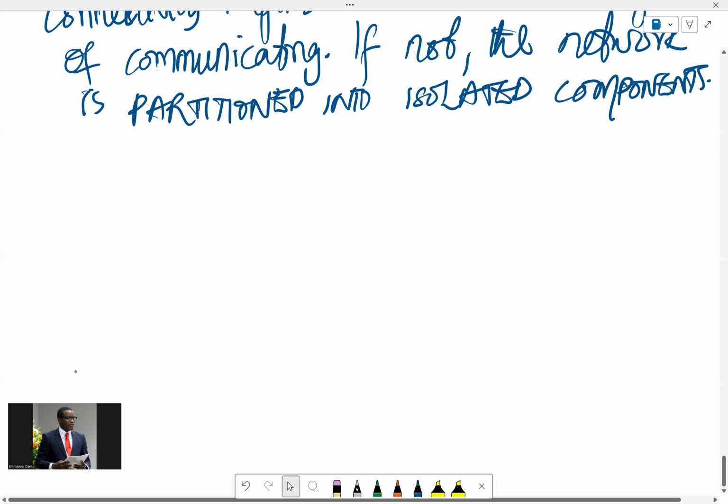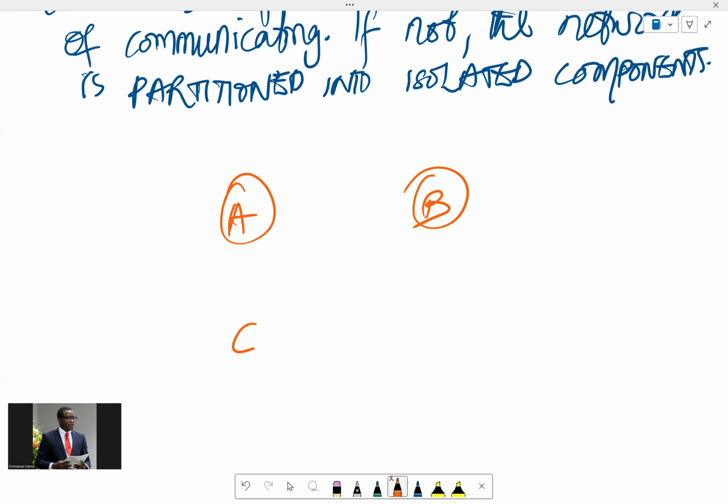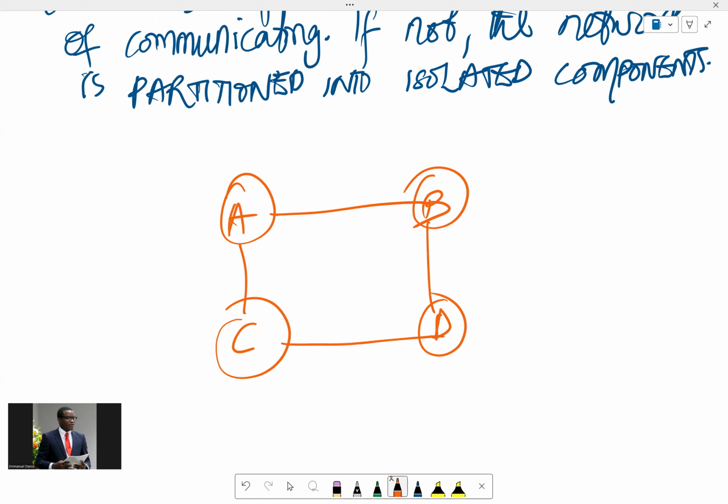The idea of this is the same example of A, B, C, D we've been doing. If you have an undirected graph like this, it is not strongly connected.